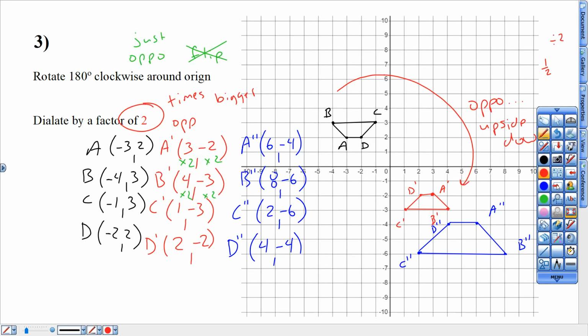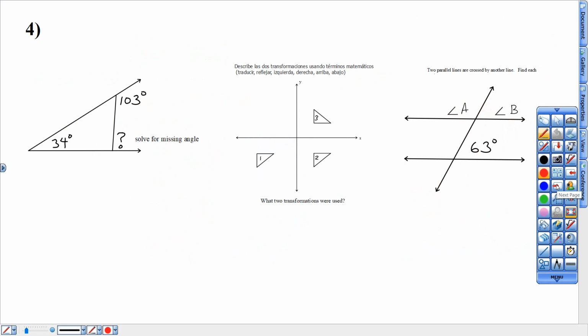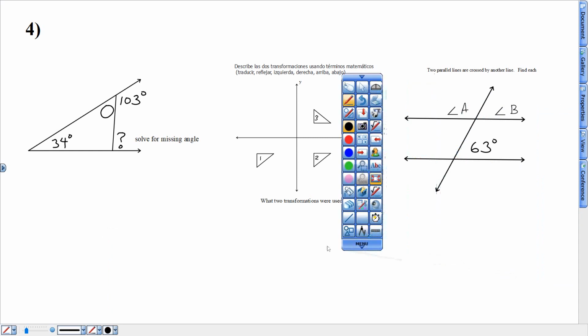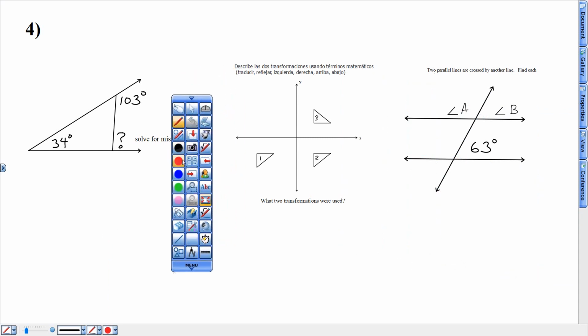All right, last one. For this one, again, know that on the test, I'm going to give you this number right away, and you're going to have to just add those up. But for this one, first step, of course, is to take 180 minus that 103. That should give me 77.